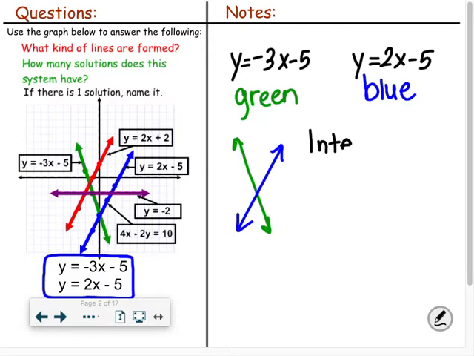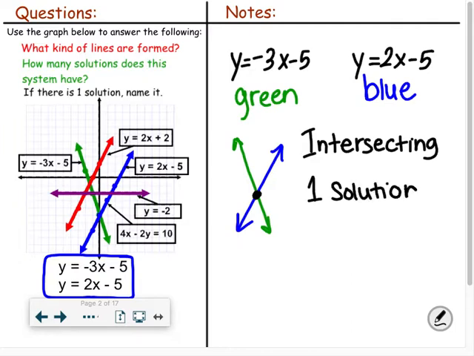So these are intersecting lines. They intersect at one point, so that means that they have one solution. There's only one ordered pair that they share.